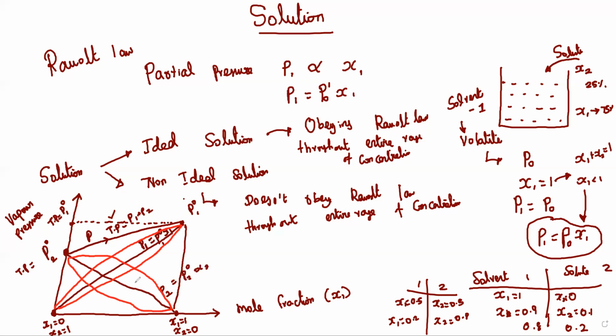So this curved line denotes the deviation from the original situation. The straight line denotes the ideal solution. A non-ideal solution deviates from the ideal solution. That means its vapor pressure deviates from the value calculated from the Raoult law.